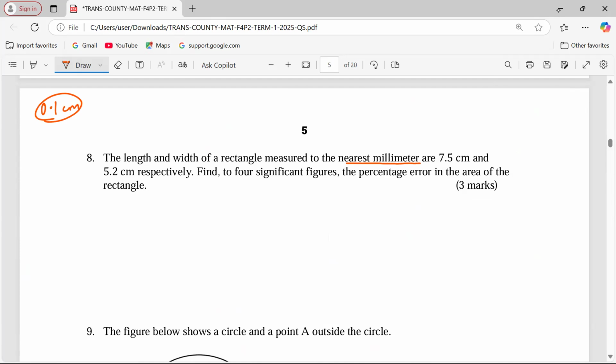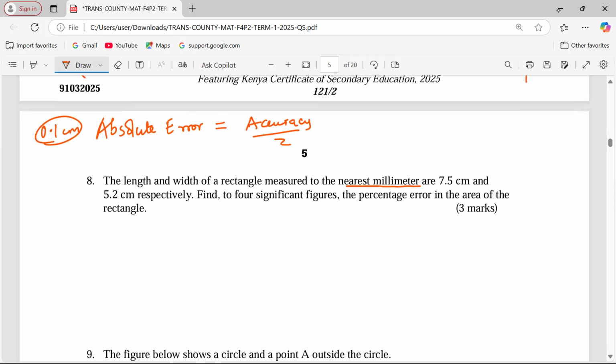So how do we get absolute error in the recording of dimensions? Absolute error is usually given by accuracy over 2. Accuracy divided by 2.